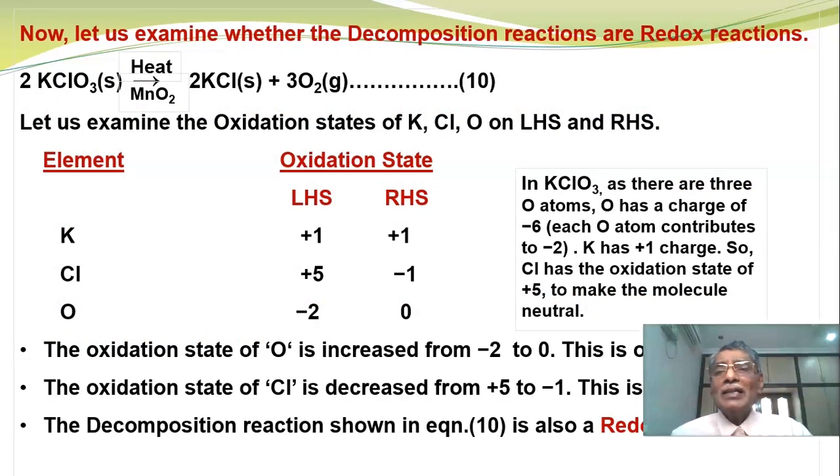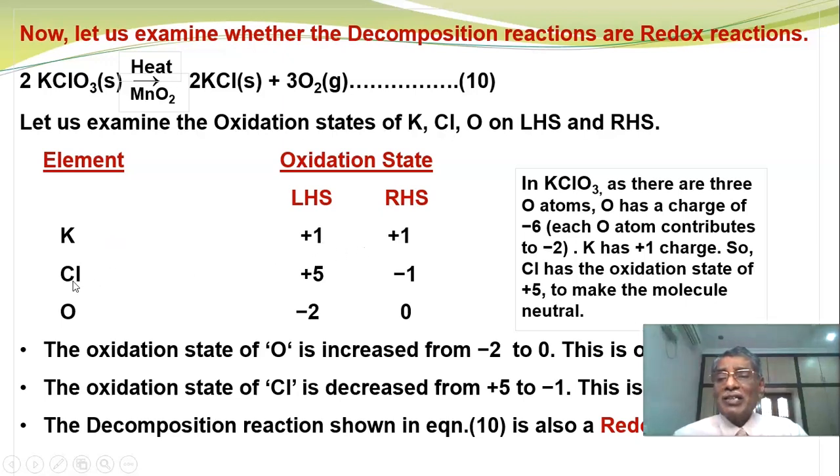Now, let us examine whether the decomposition reactions are redox reactions. Take the example 2KClO3 upon heating in the presence of a catalyst manganese dioxide gives rise to 2KCl + 3O2. Let us examine the oxidation states of K, Cl, O on LHS and RHS. K, the oxidation state is same on both LHS and RHS.